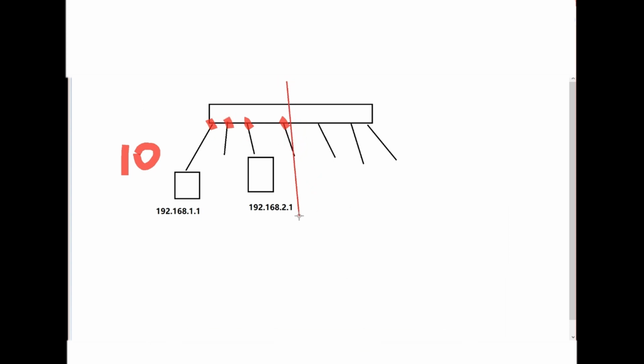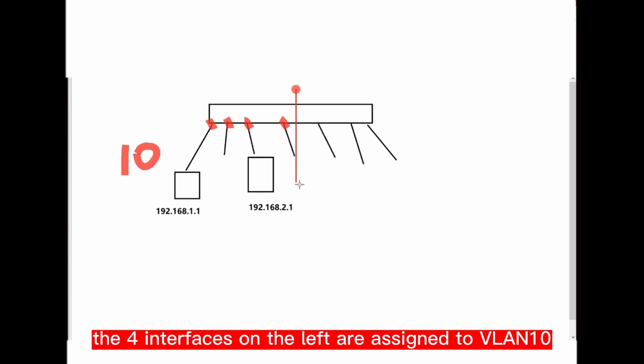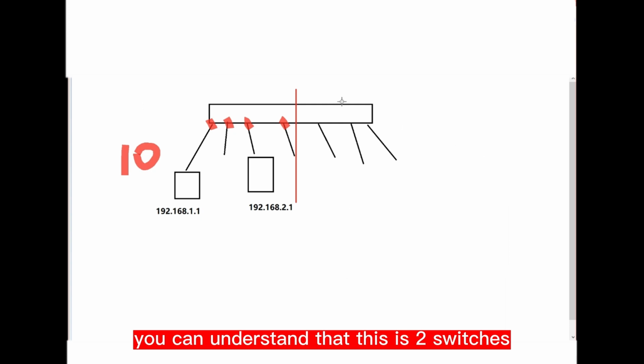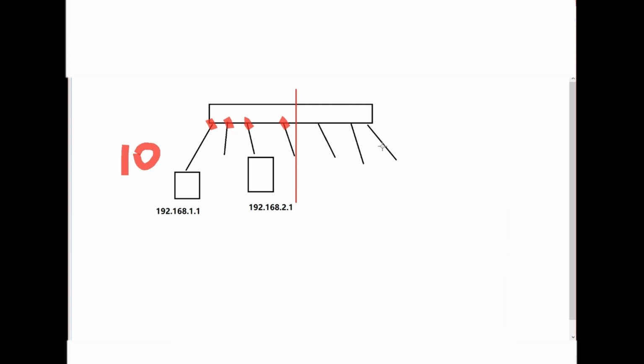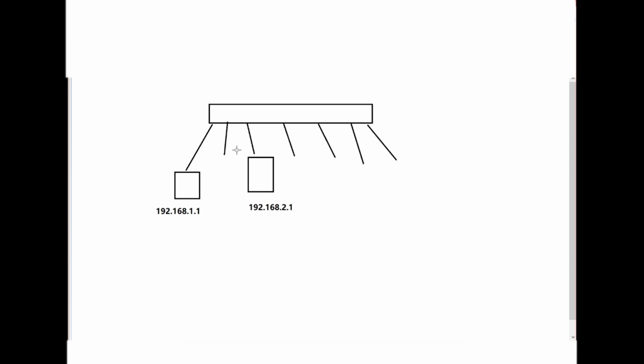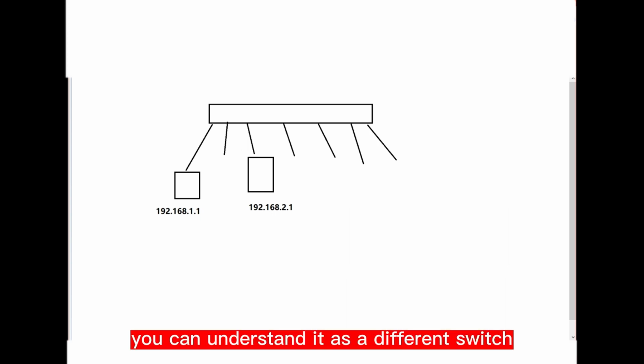For example, the 4 interfaces on the left are assigned to VLAN 10. You can understand that this is 2 switches. It's like cutting the switch in half. This half is a switch. The other half, for example, are all VLAN 20. Although you see it as one device, actually it has split. You can understand it as a different switch.